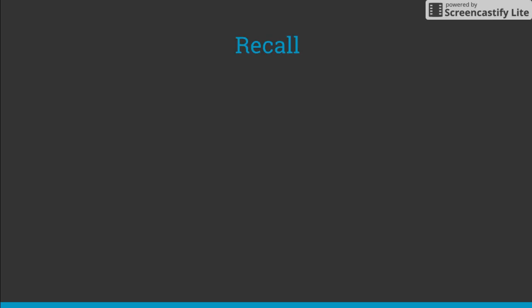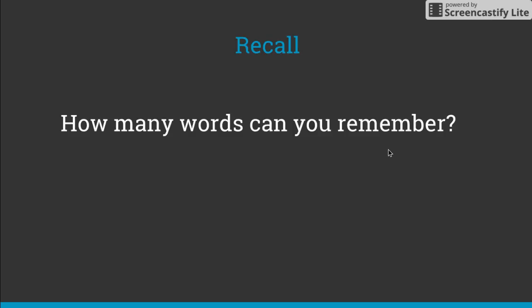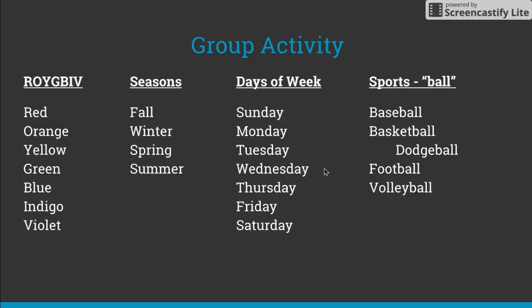Okay, did you get 5, 10, 15, all 20? Probably not. Now let's consider if I were to put the words up like this. Look at the words again and notice how they've been organized. Does this make it easier to remember?